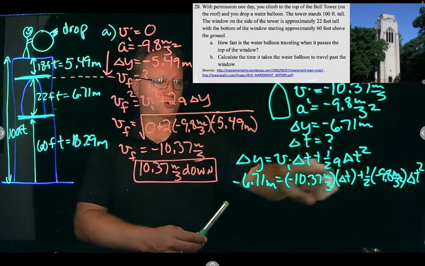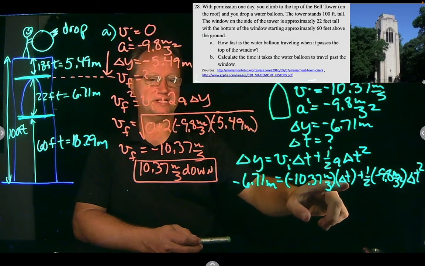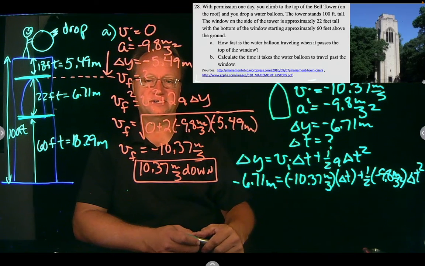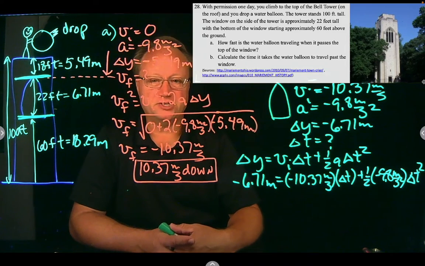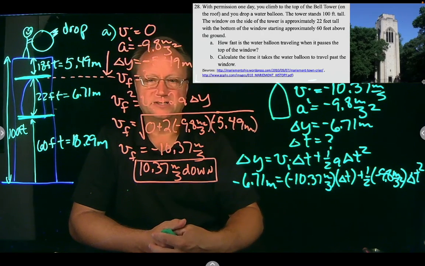Now, we have only one unknown in this equation, and it's delta t, but we've got a delta t here, and we've got a delta t squared there. So we have variables in two different locations. How are we going to solve down when we have variables in two different locations?